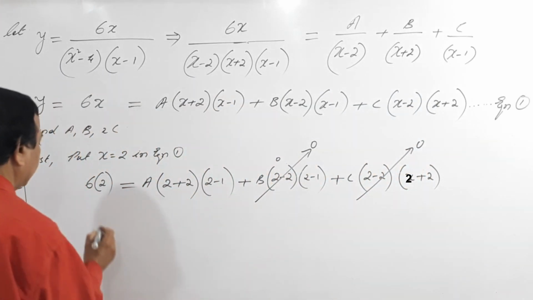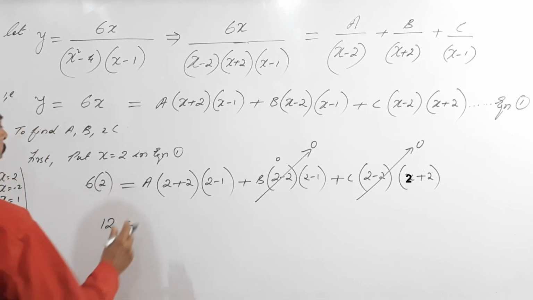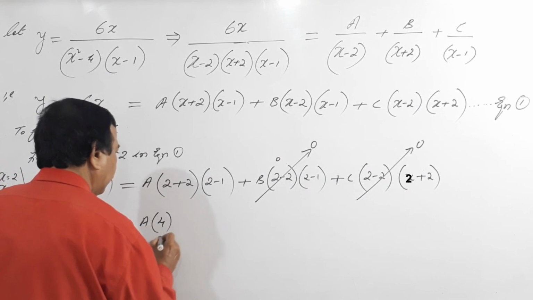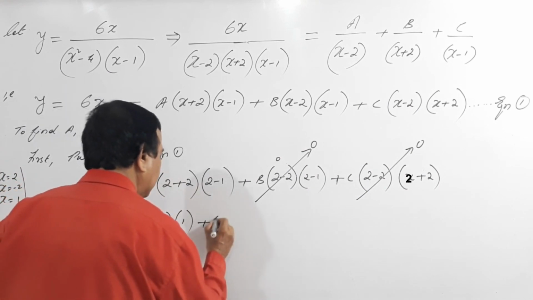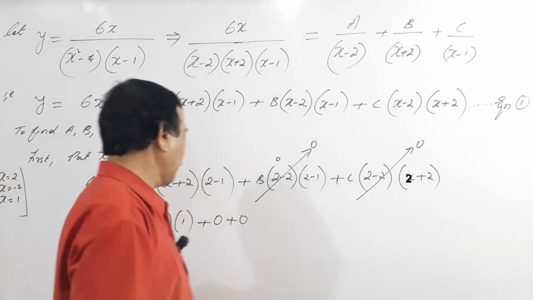What happens here? 2 into 6 is 12 equals a into 2 plus 2 is 4, into 2 minus 1 is 1, plus 0 plus 0, because this entire thing becomes 0.